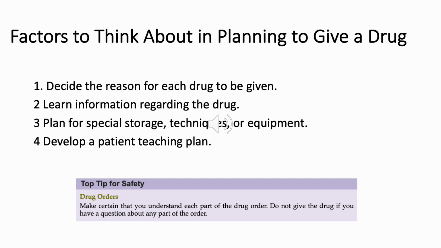Number 2, learn specific information about the drug, including the major action of the drug, the negative side effects that may develop, the usual dosage, route, and frequency, situations in which the drug should not be given. Those are also referred to as contraindications. Main drug interactions, the possible influence of another drug given at the same time.